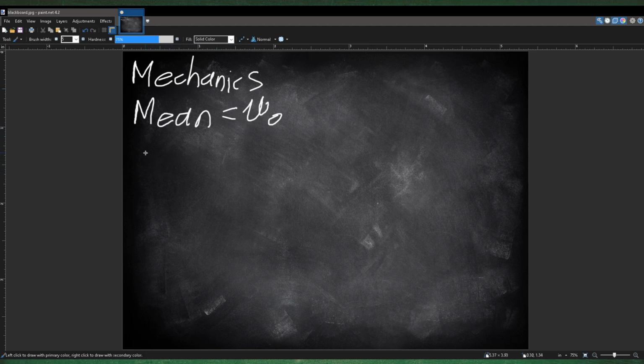And then you have your standard error, which is equal to your standard deviation. They usually either give you this in the question, or if you have a table, then you just find the standard deviation of that table. And then you have that standard deviation divided by the square root of your sample size.